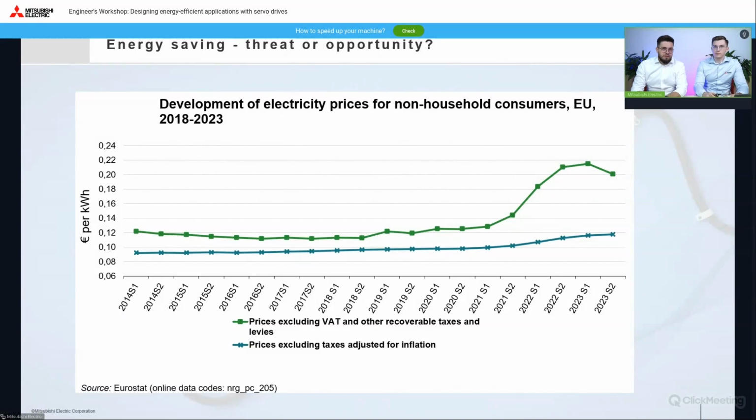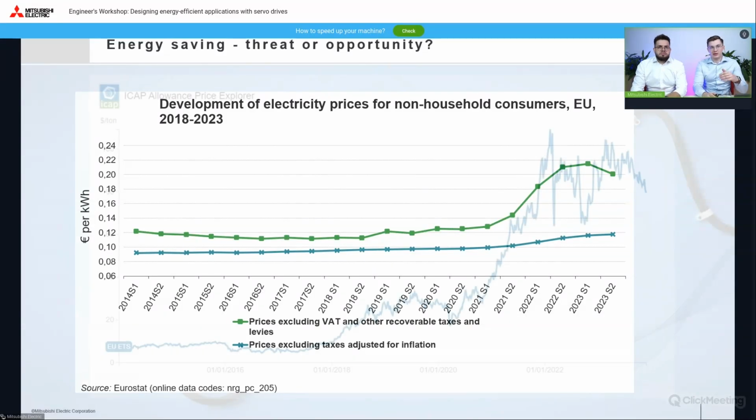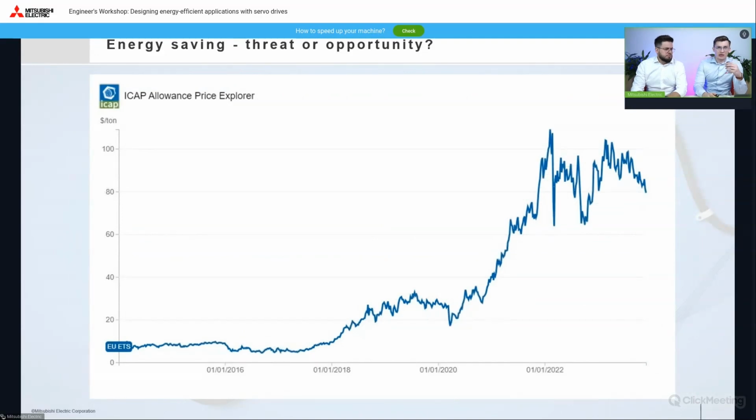EU allowances? What does it mean and how does it influence energy prices? So, another graph, and I will show it to you. The EU allowances, or the EU emission trading scheme, are a kind of permit, or more simply, a limit of greenhouse gas emissions.